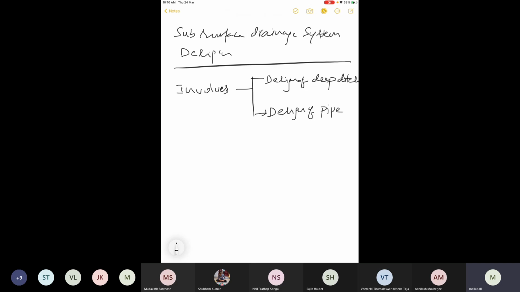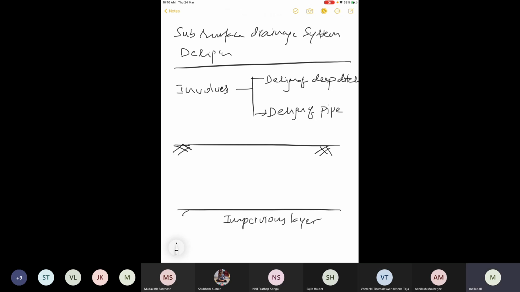Okay, so that means if you have the land surface like this, and suppose this is an impervious layer. When you have the recharge going down, and because there is an impervious layer, suppose there is groundwater there.